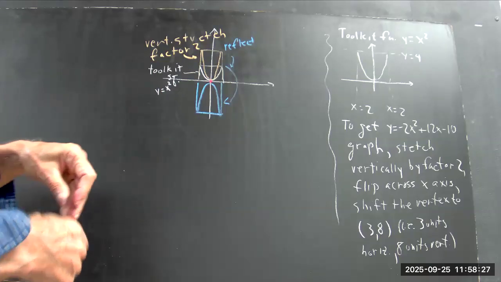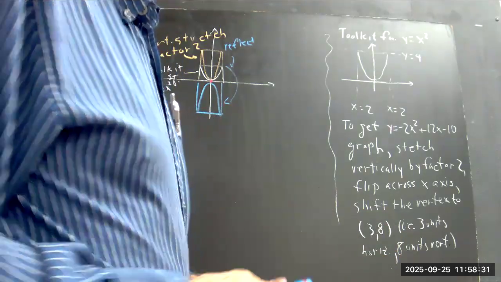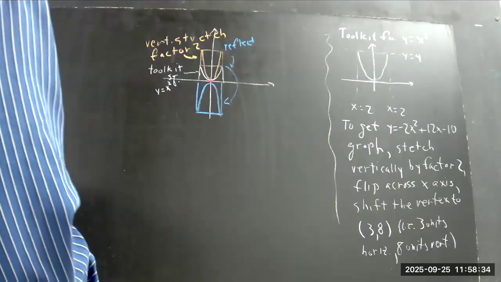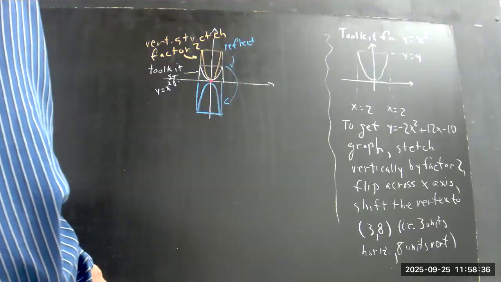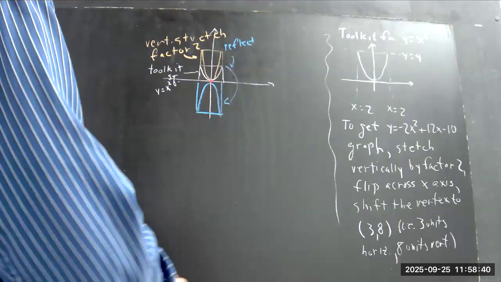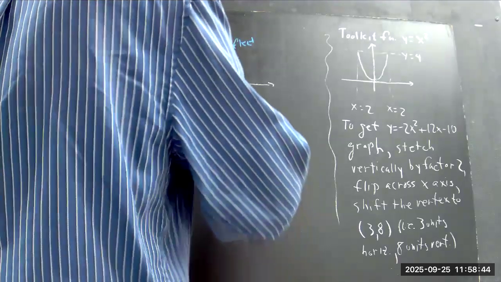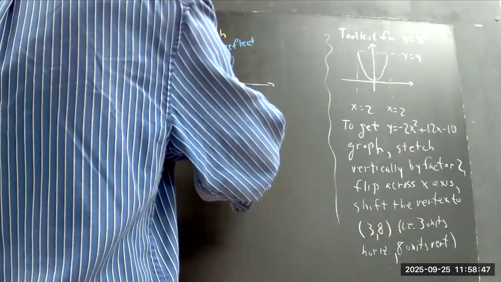Now what do I do? Now I got to shift it over 3 units and up 8. Okay. So find an appropriate color chalk and do that. Okay, so you take the red dot and move it over 3 units.